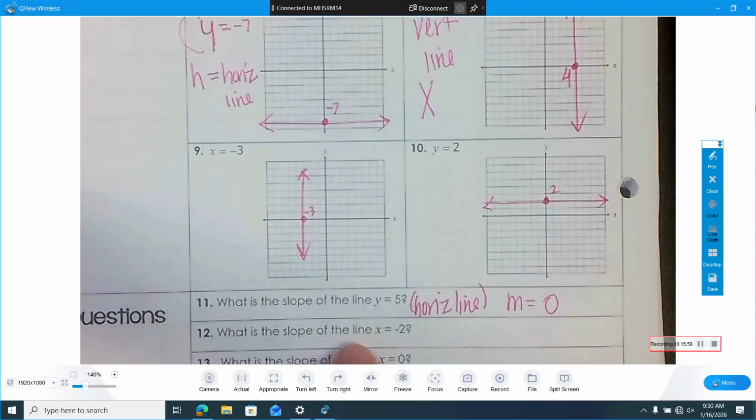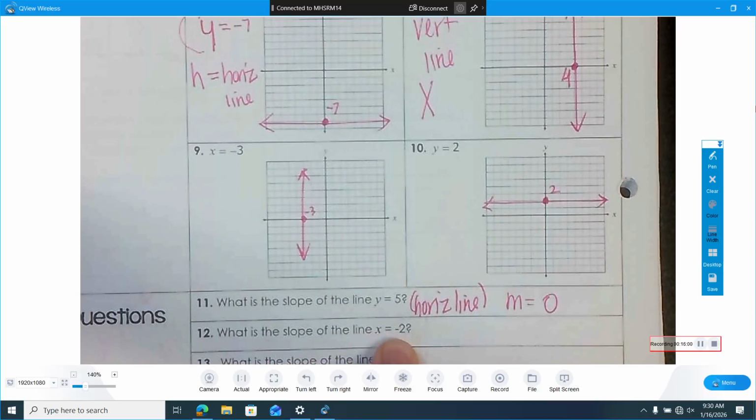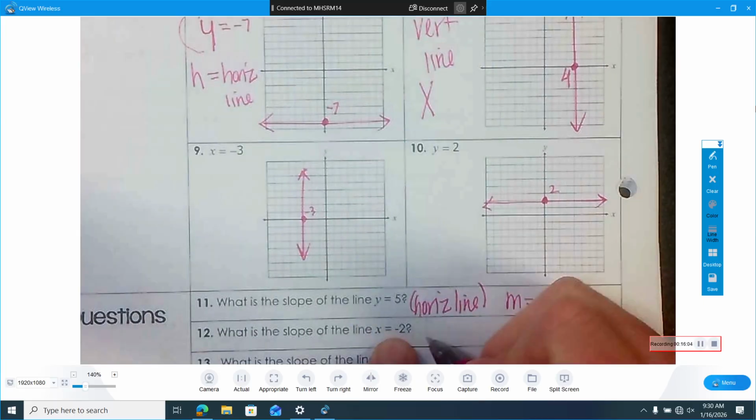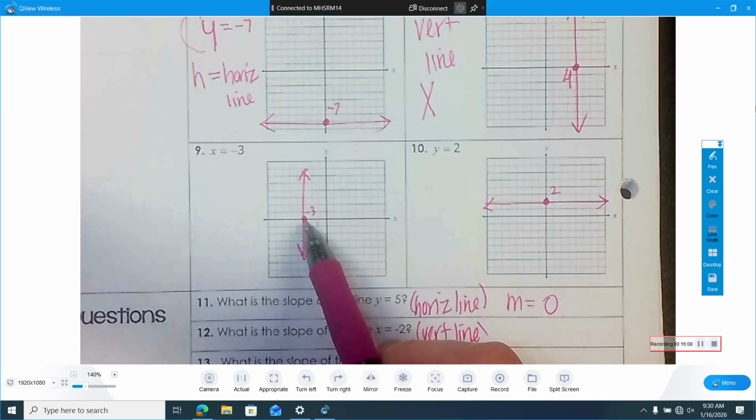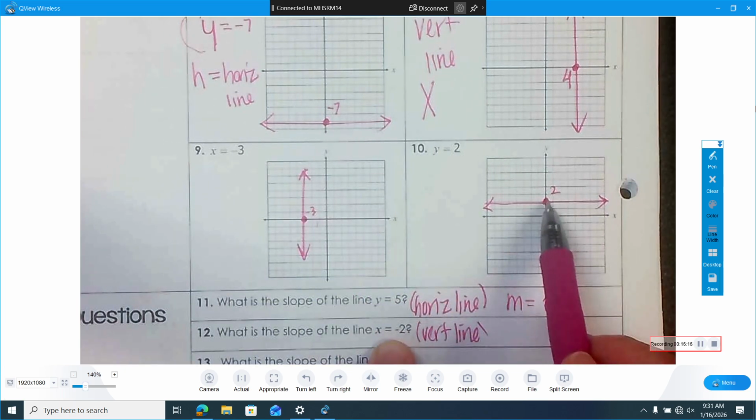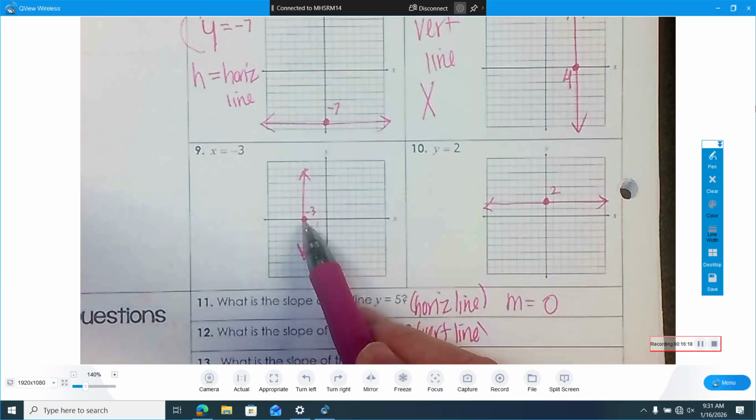So what is the slope of the line x equals -2? What kind of line is x equals? A vertical line. Yeah, vertical line. It's a vertical line like this one. What's the slope of a line that looks like this? We had two specials. There's a 0 slope, and what's this one? Undefined.